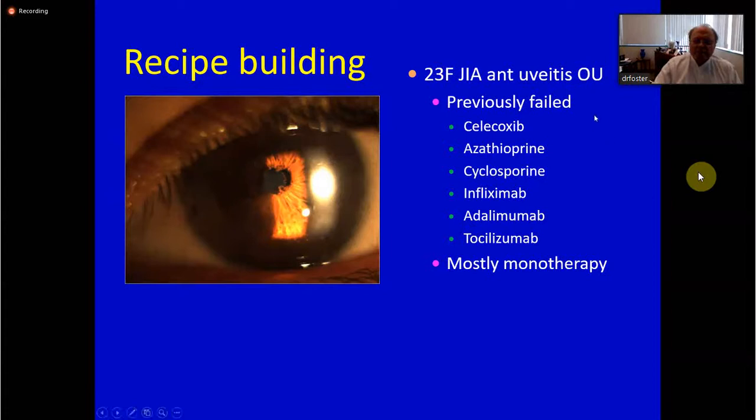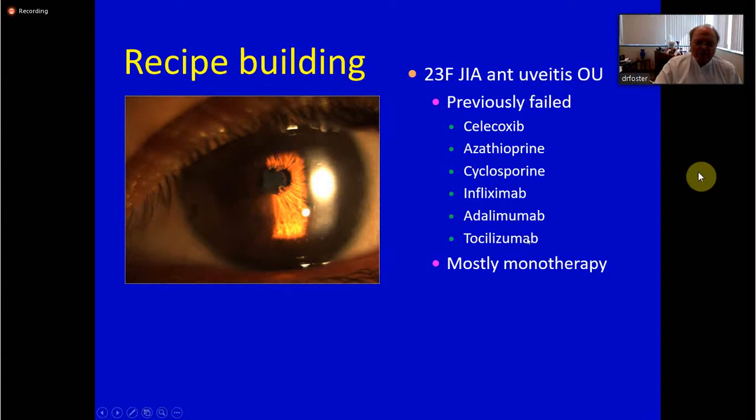This JIA patient with anterior uveitis was treated with an escalating cascade of medications. First, a nonsteroidal, then Imuran or azathioprine, then cyclosporin was added to the Imuran, then intravenous infliximab, then adalimumab, then tocilizumab.